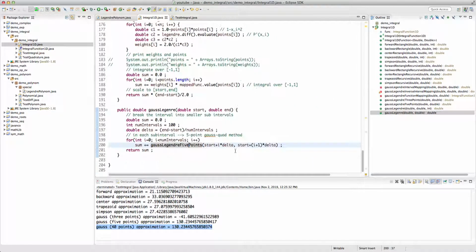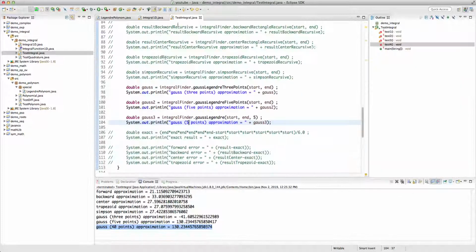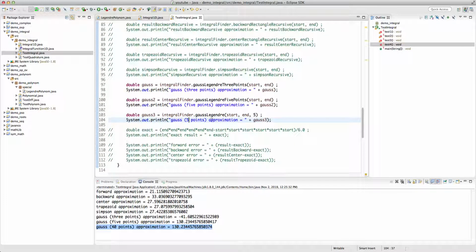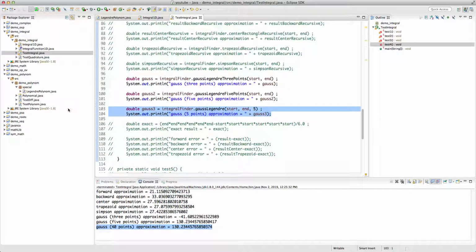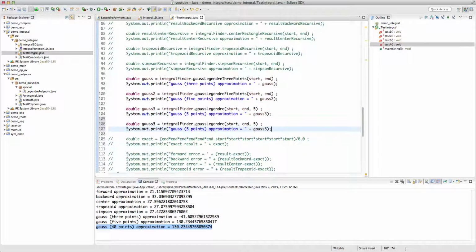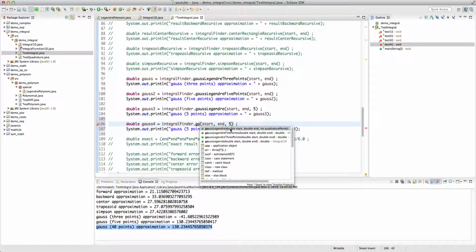All right, let's test this one. So we have Gauss 5 point with sub intervals, Gauss-Legendre.